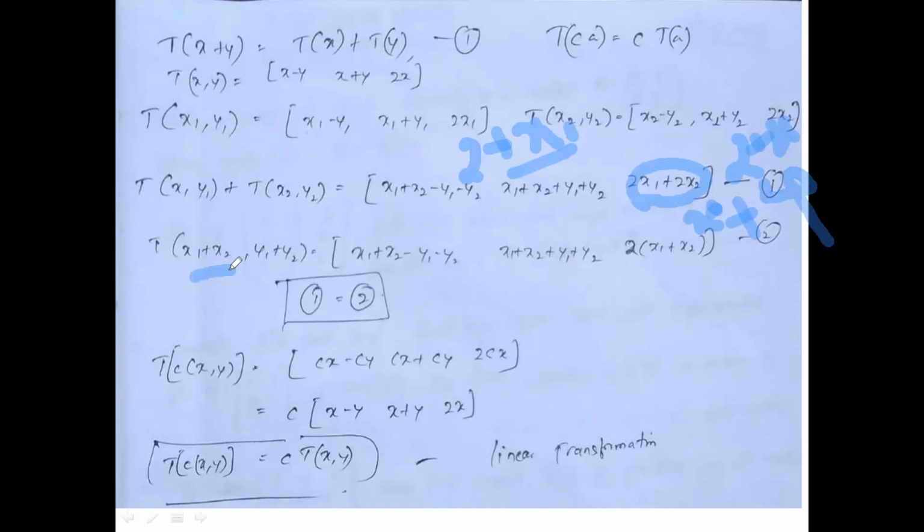Whereas when I do the other thing, I will get 2 plus x1 plus x2 in this particular case, whereas in the other case I will get x1 plus x2 plus 4. So equation 1 and equation 2 will not be the same, and the transformation will turn out to be non-linear.